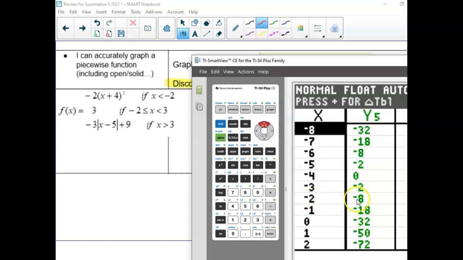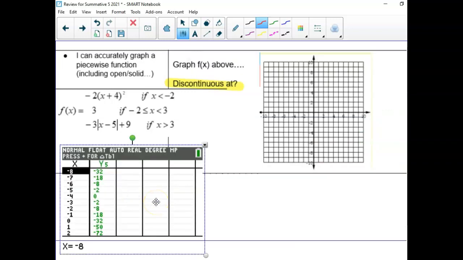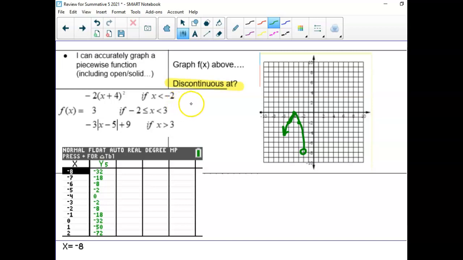So there's a bunch of them, -2, -8 is where our open circle goes. And then I'm supposed to be going to the left, so it says -3, -2. And it says -4, 0. And it says -5, -2. And really, that would be enough to know that it's going back down this way. So we're good, because it says all values less than -2. Everybody okay?